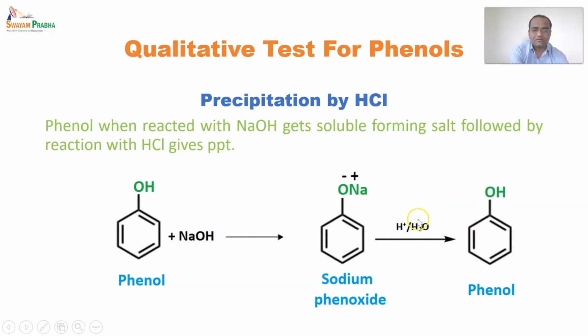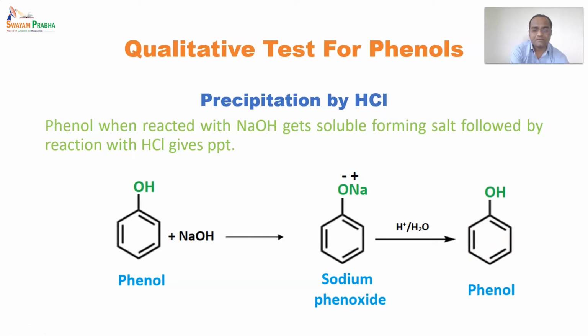Whatever space there was for the dissolution of phenol has been utilized by the sodium chloride formed in the reaction with HCl, so there is no space left for phenol. It forms a thick white color or a precipitate of phenol, and from this it can be identified that phenol is present in the given sample.